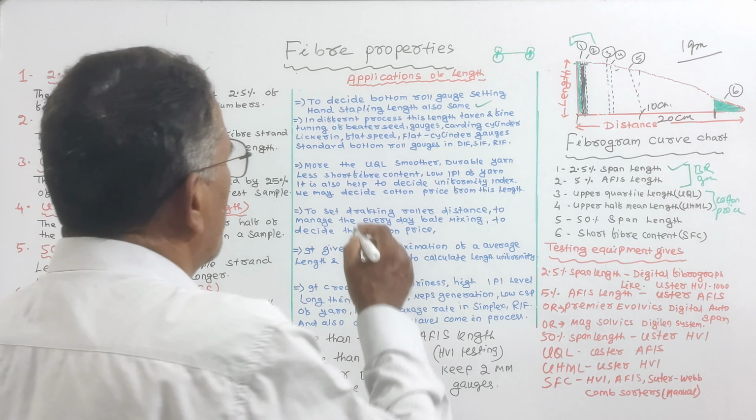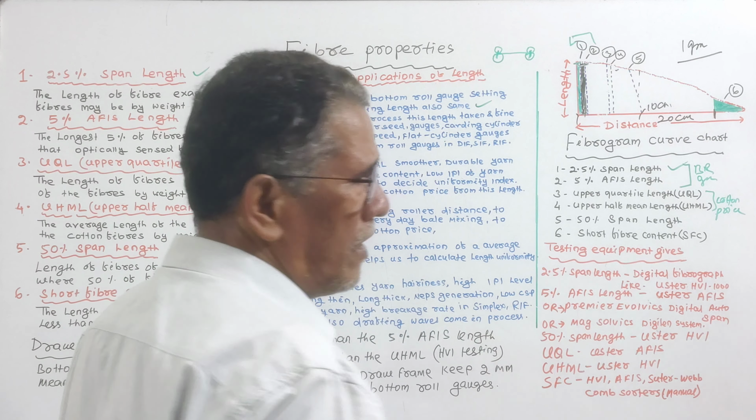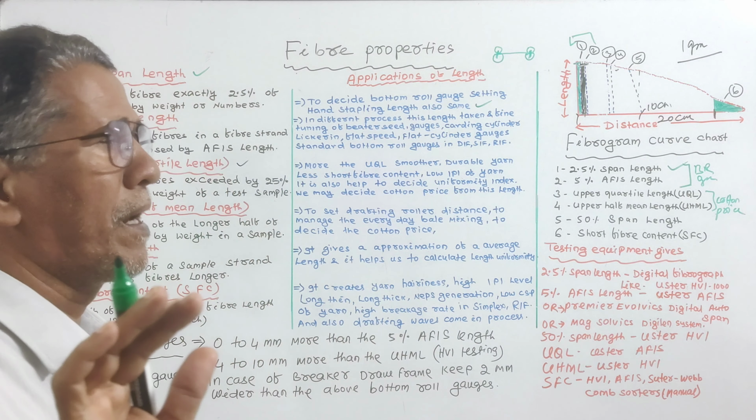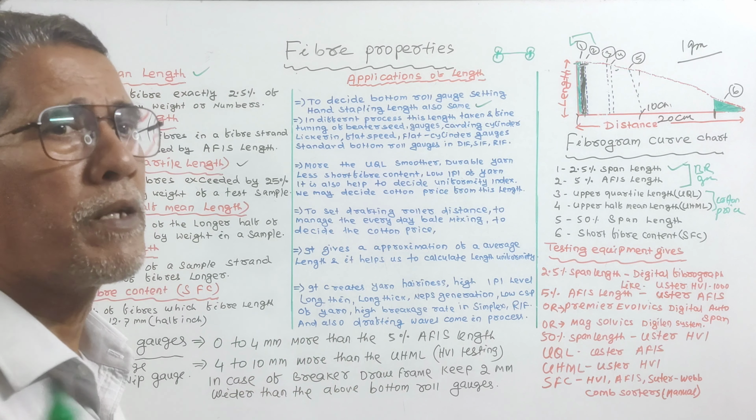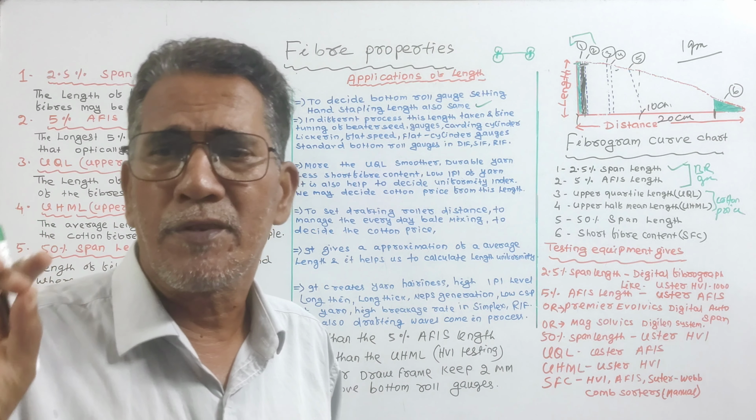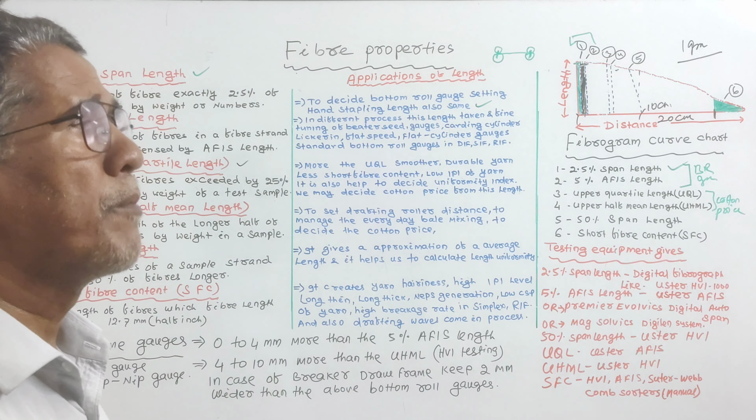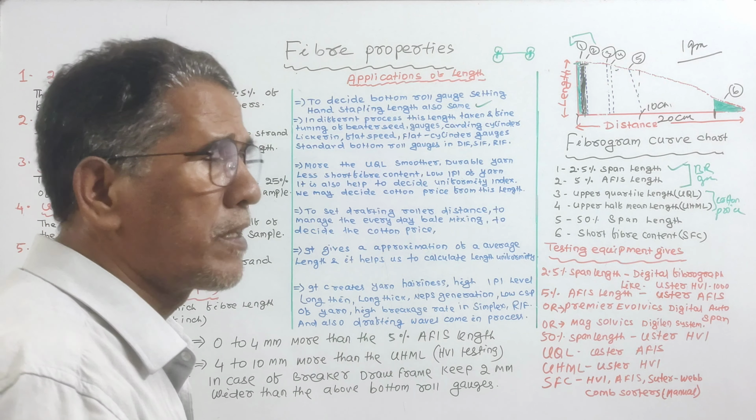You see, the 5% office length is used to fine tune a plant to get optimum quality, optimum CSP, optimum productivity.